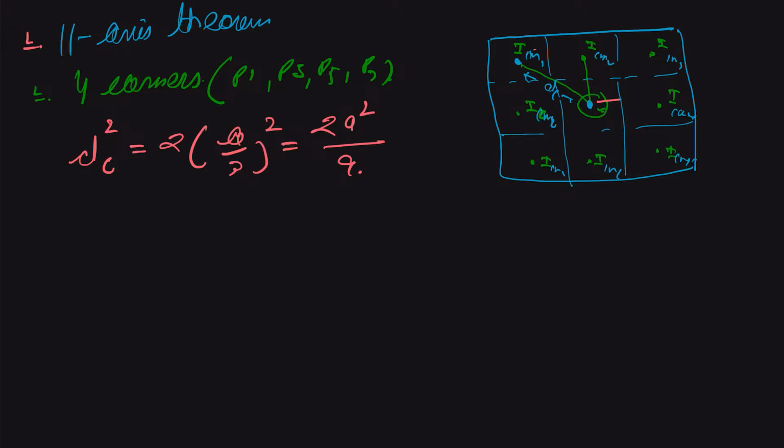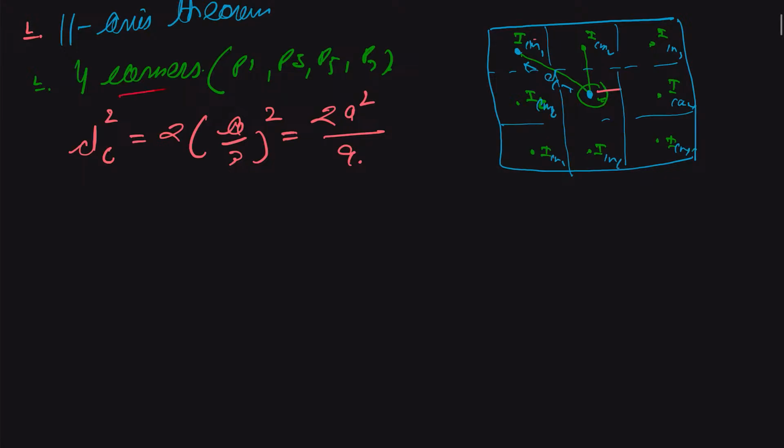And so we can find the contribution of these 4 corner squares towards the moment of inertia.